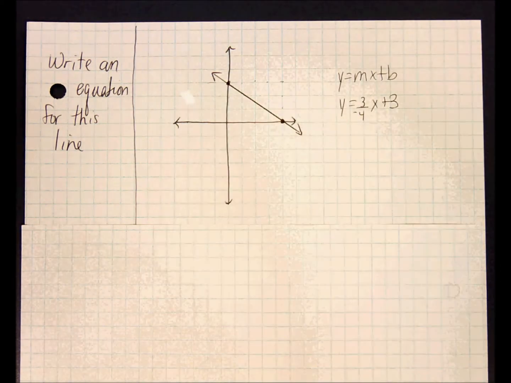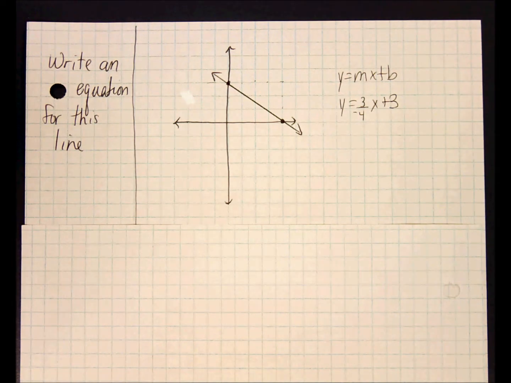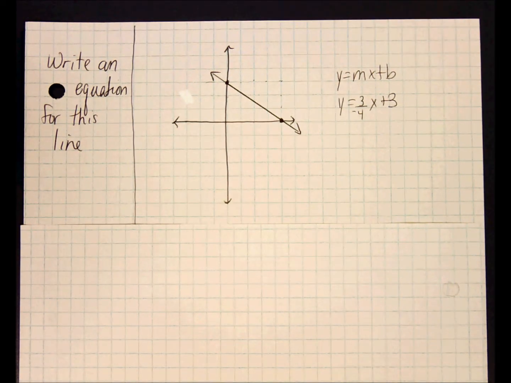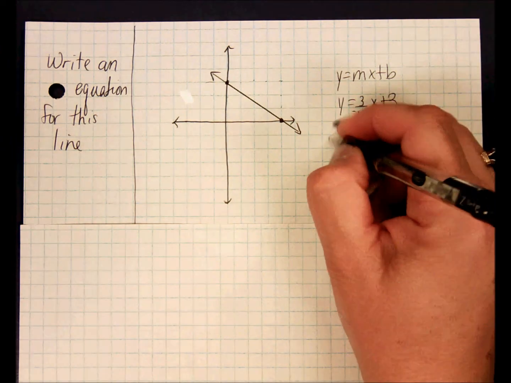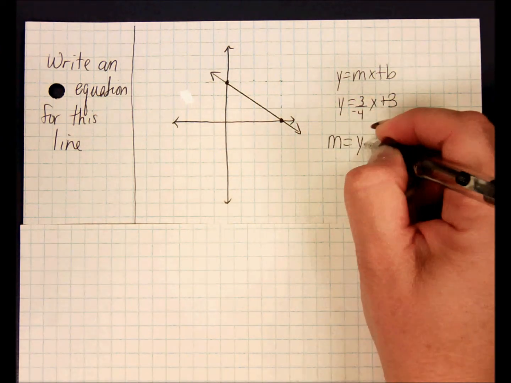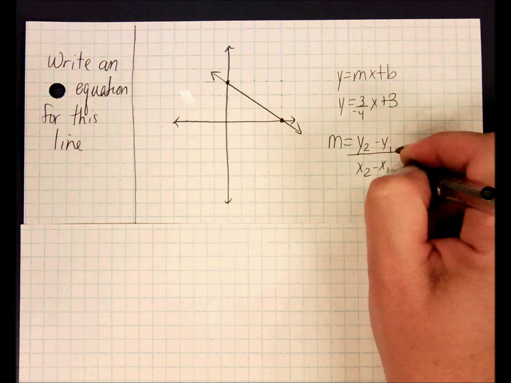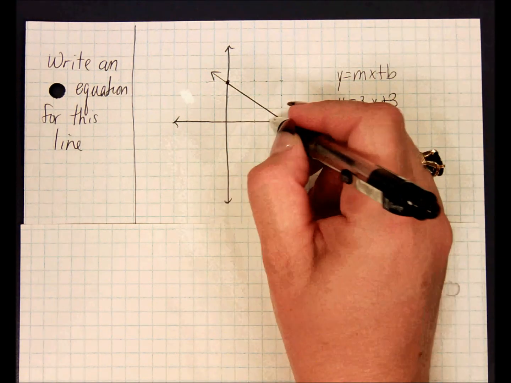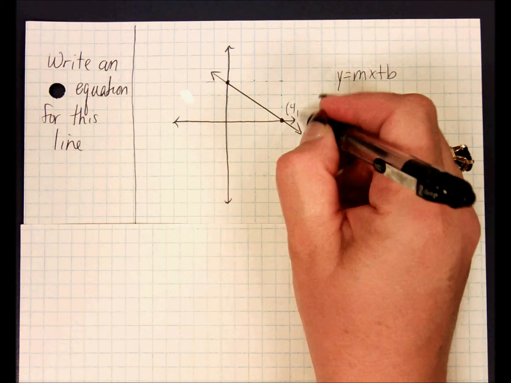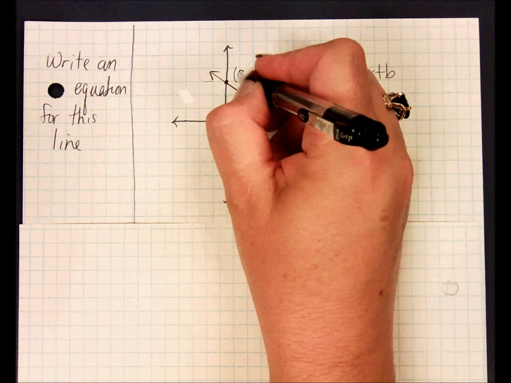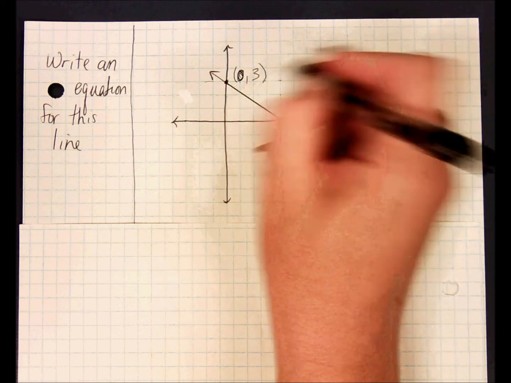Now let's say you forgot that, especially in the middle of the test. You can do it another way. A little more work, but here's what you would do. You want to use your slope equation. This is 4, 0, and this is 0, 3.